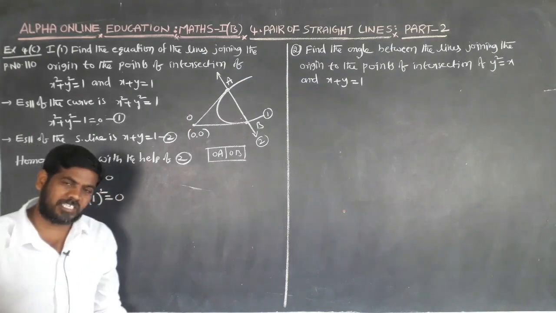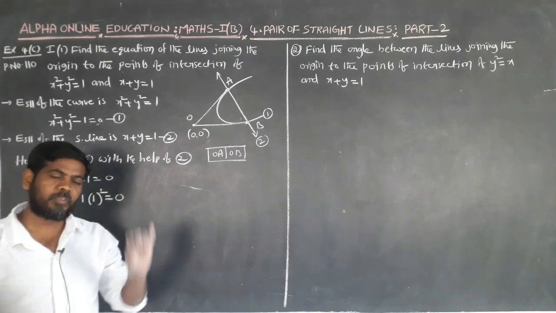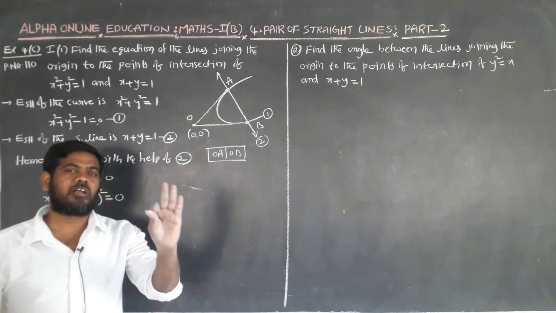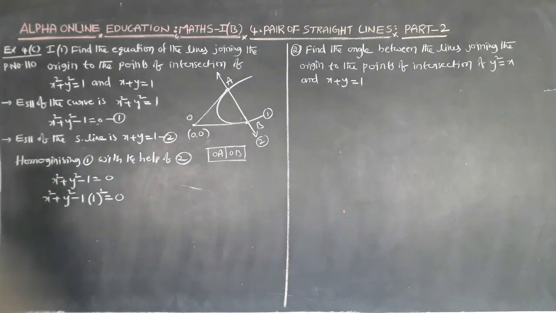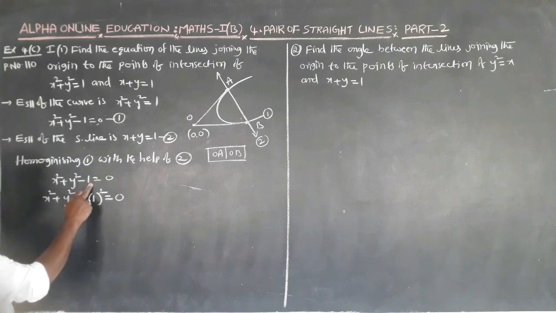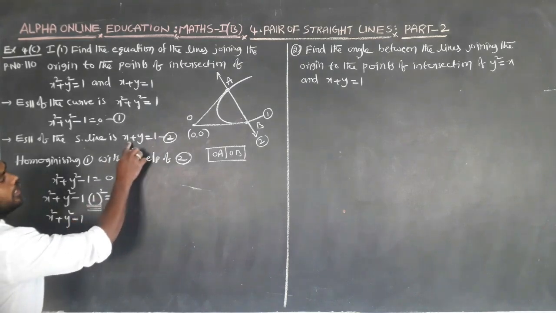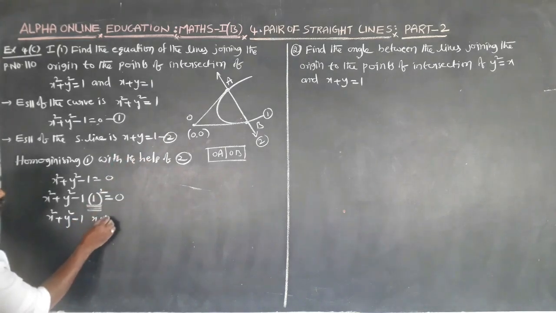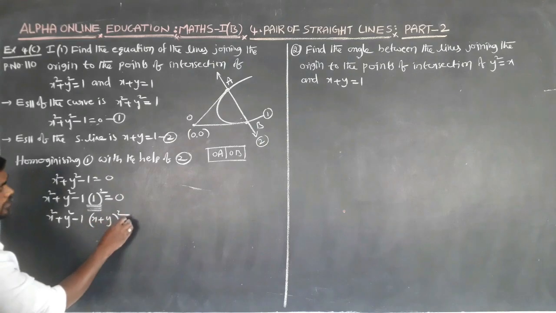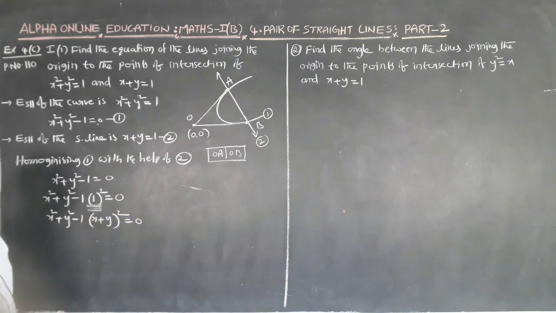Here only one constant is there, so 1 into 1 square. X square plus y square minus 1 into 1 is equal to, write down, x plus y whole square equal to 0.